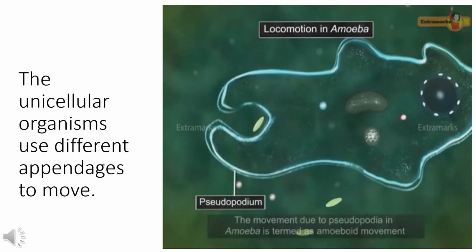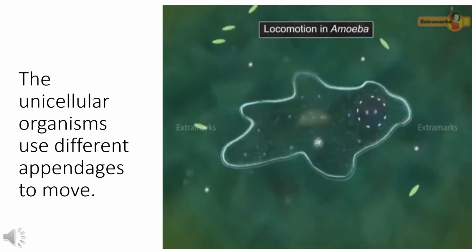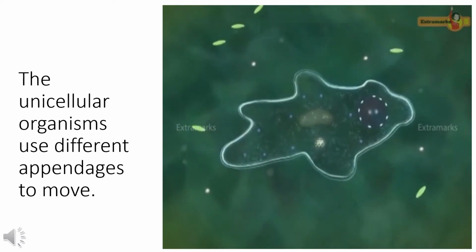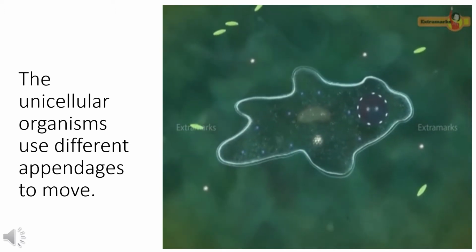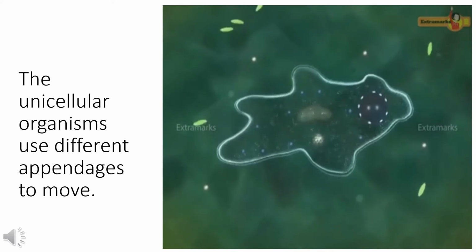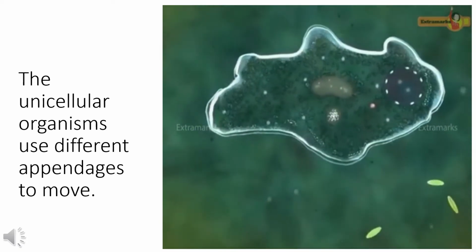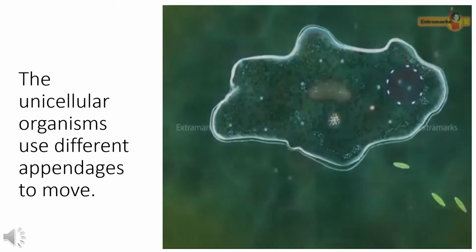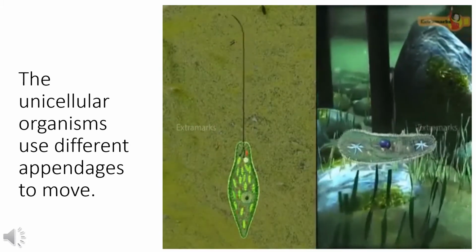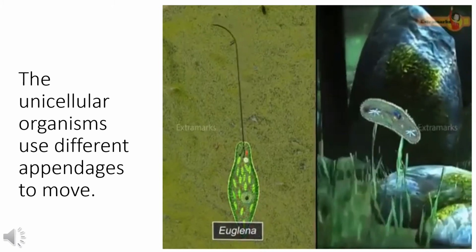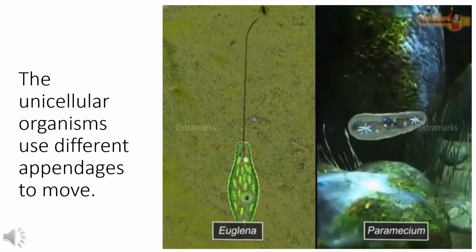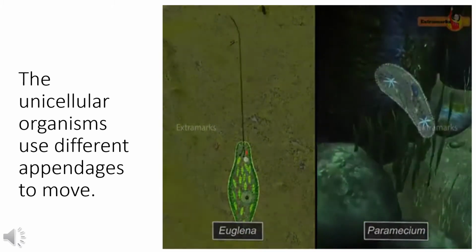The movement due to pseudopodia in amoeba is termed amoeboid movement. Formation of pseudopodia in any direction causes an amoeba to move in that direction. Pseudopodium is formed by the streaming movement of cytoplasm. Microorganisms like euglena and paramecium possess external organelles for locomotion.